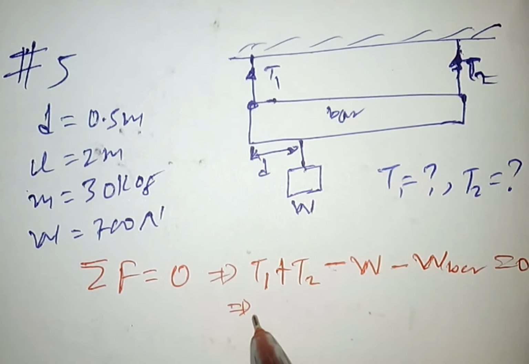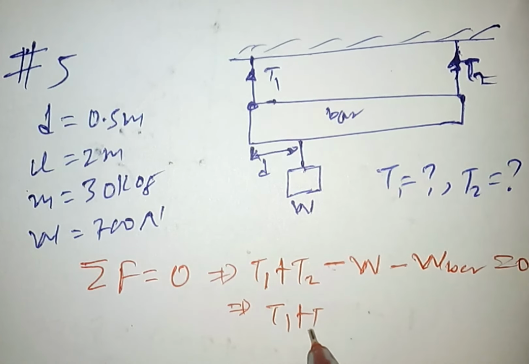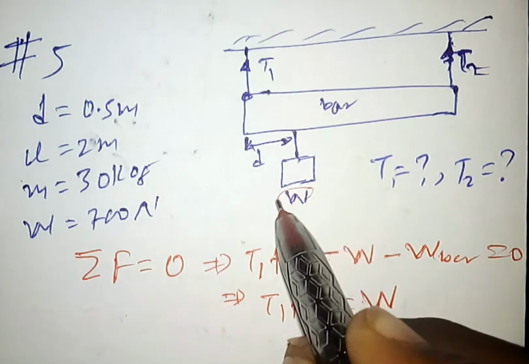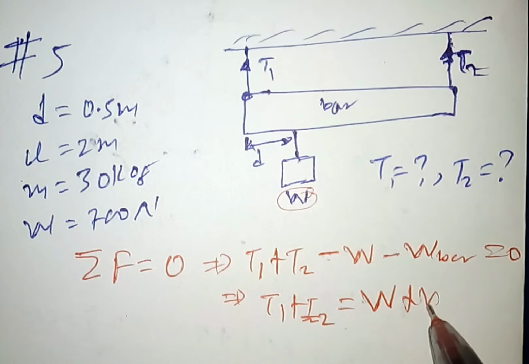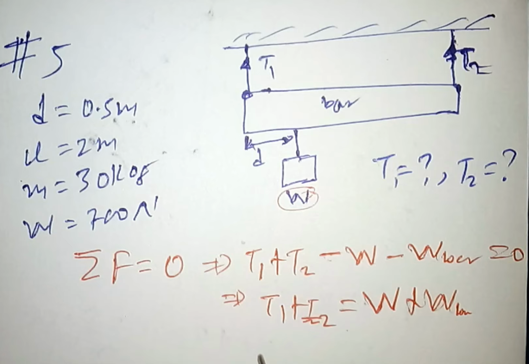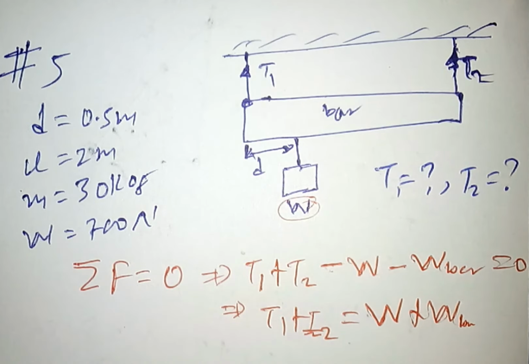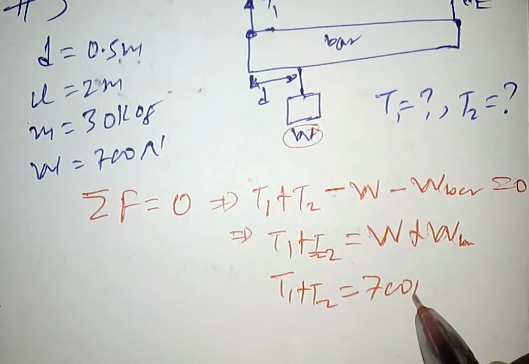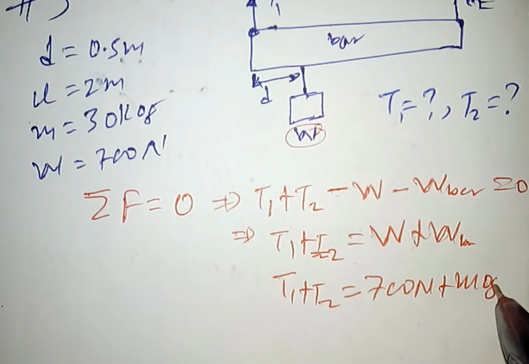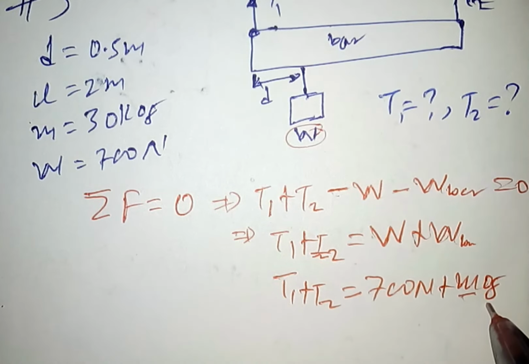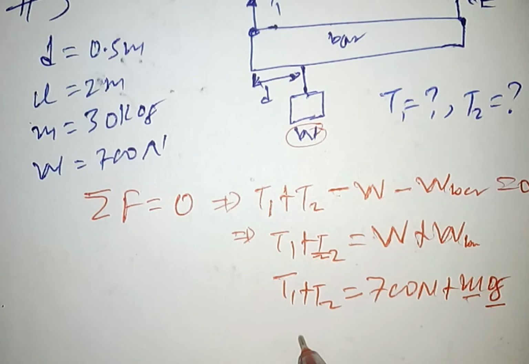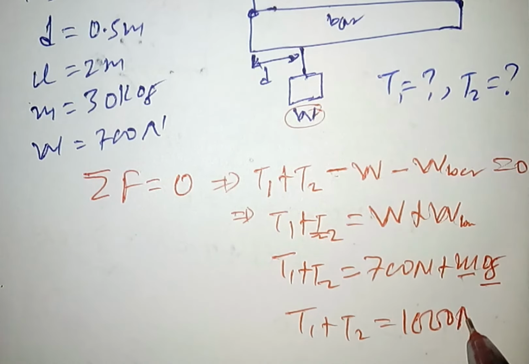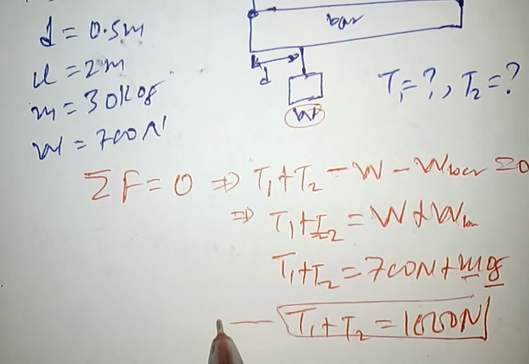So T1 plus T2 is equal to W, which is hanging on the bar, plus the weight of the bar itself, which is mg. So T1 plus T2 is equal to 700 Newton plus m times g, which is 30 times 10, which is 300, and T1 plus T2 is equal to 1000 Newton. Take this as equation 1.